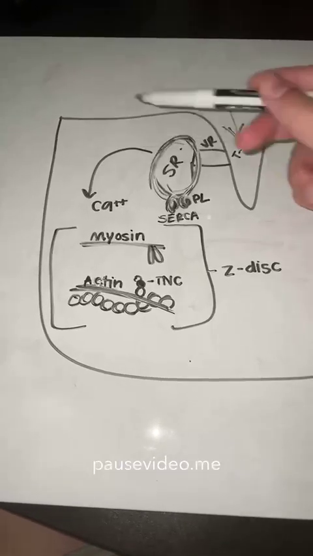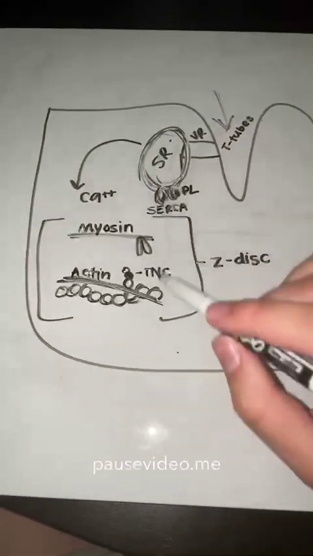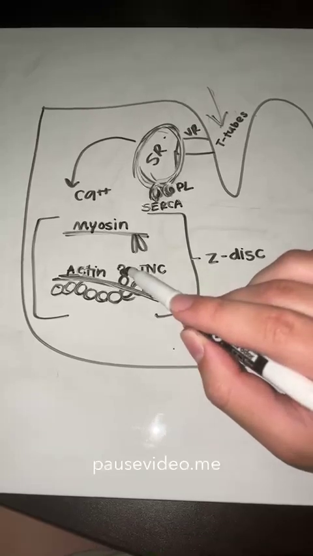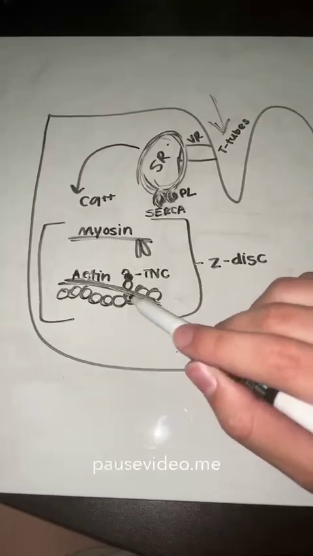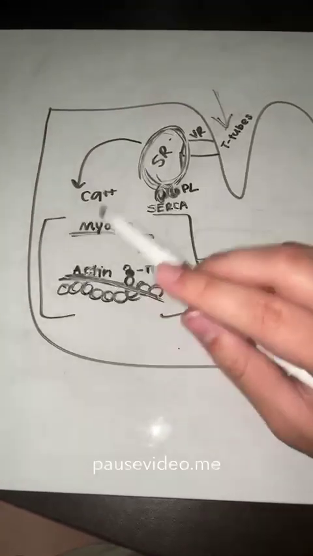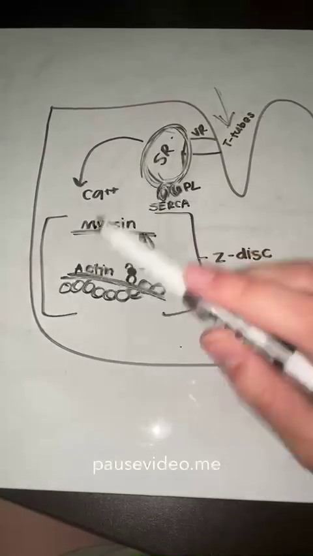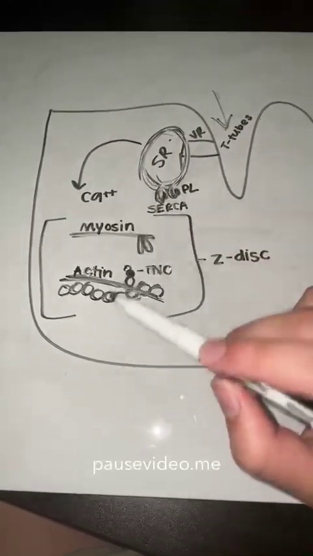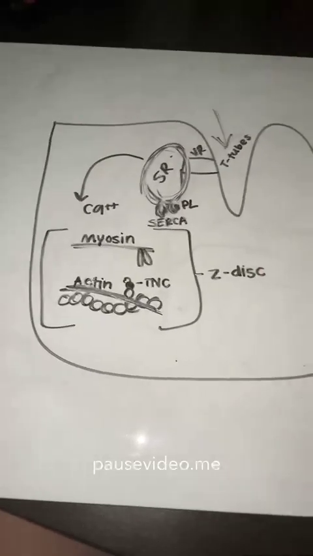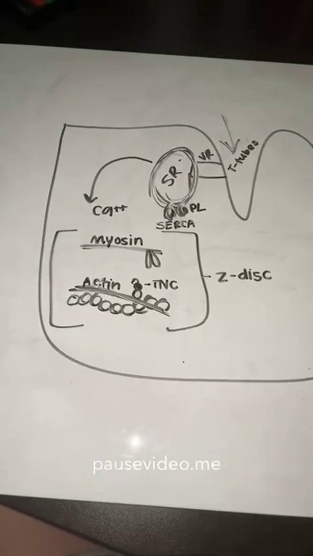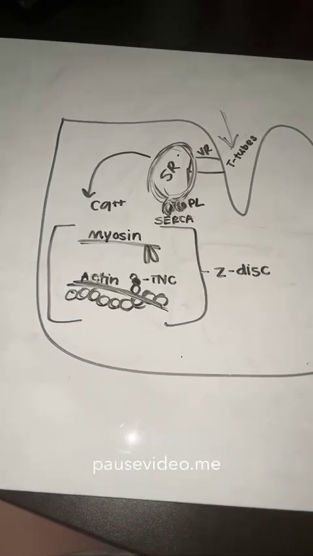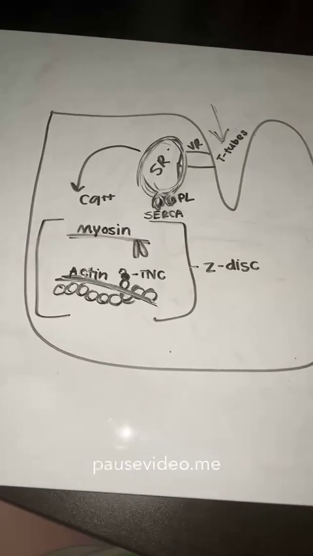So once this calcium is sent, the calcium binds to troponin C, which reveals the tropomyosin and allows the myosin and the actin to bind to each other, which is where we are going to see that muscle contraction and the power stroke from those two things.